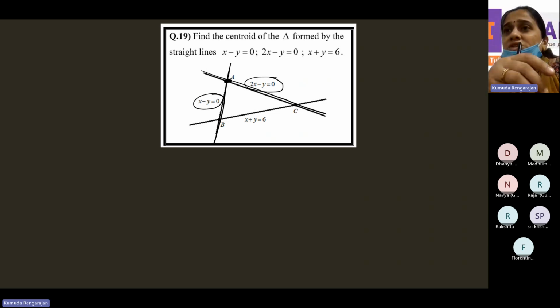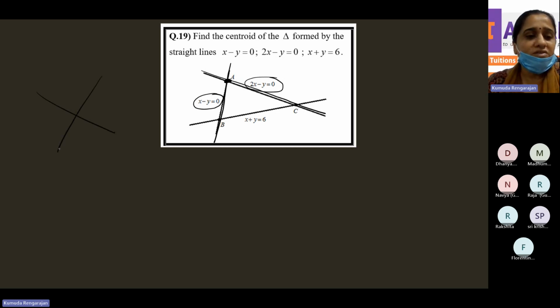That's the point of intersection of the two lines, the point where these two lines meet.